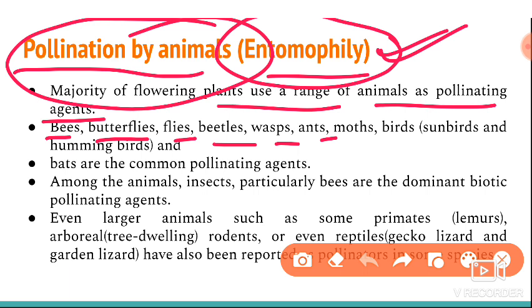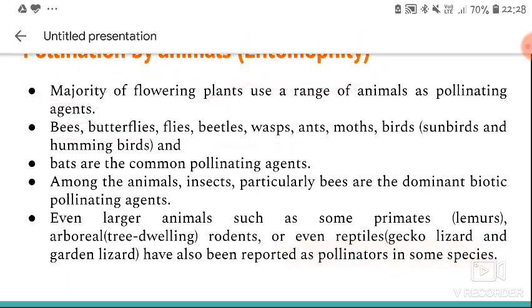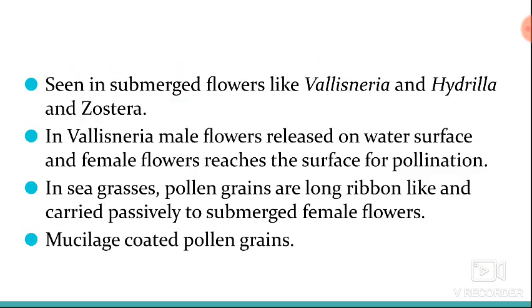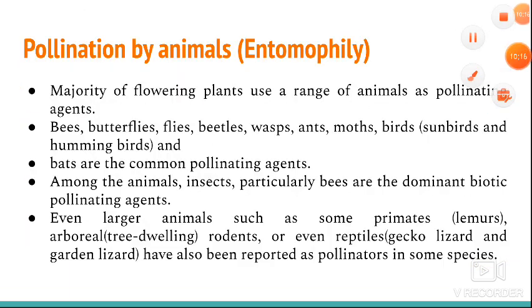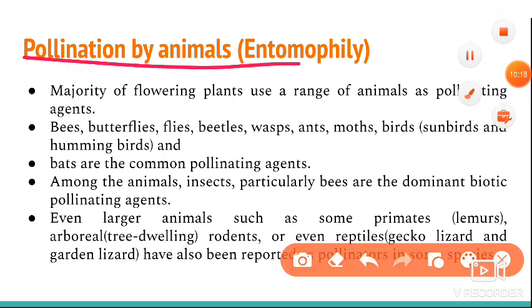Water does the pollination, knowingly or unknowingly, and wind also does the pollination. But that will not happen in the case of animals. It is not possible, because the plant should attract the animal.